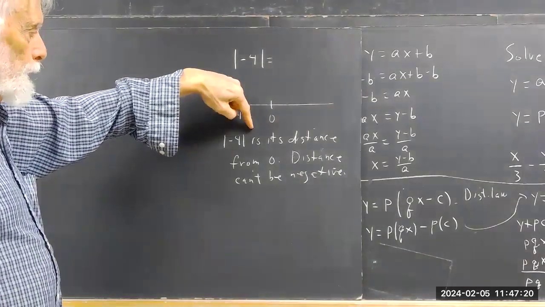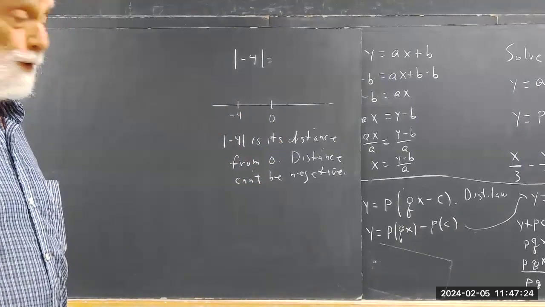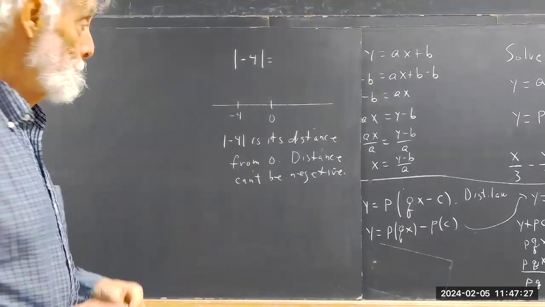The absolute value of -4 is its distance from 0, and distance can't be negative. Just plain old distance. It's how far.